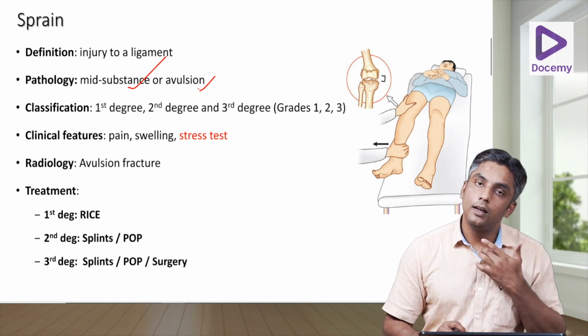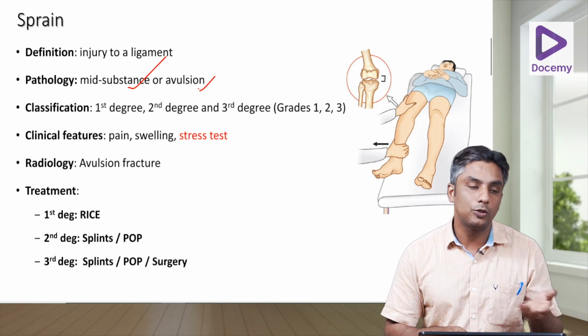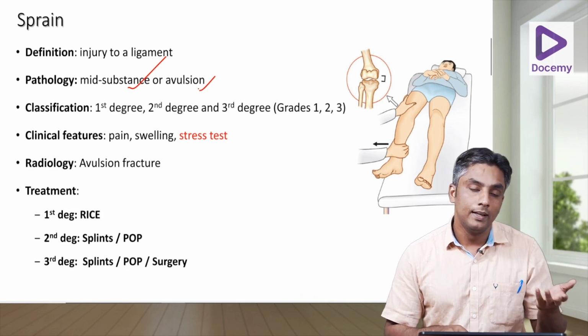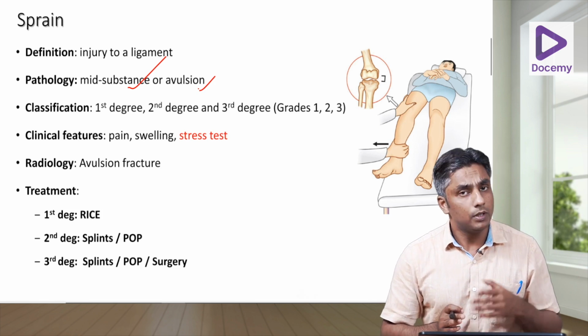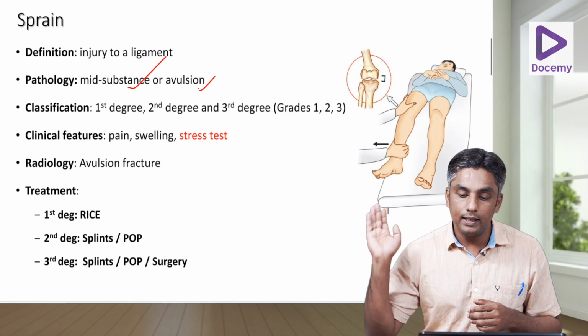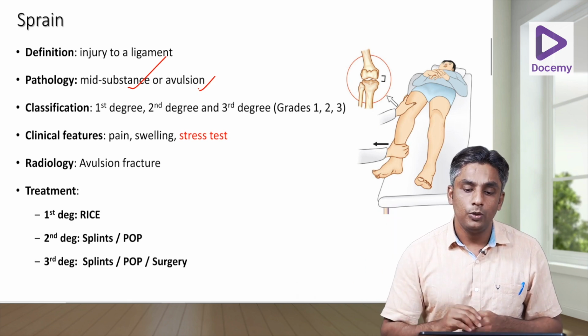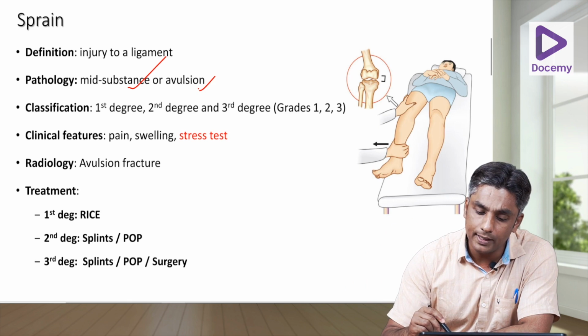And you can build on the short note by classifying the sprain into 3 types, or 3 grades: 1, 2 and 3. Clinical features, of course, include some pain and some swelling at the injury site, and you can do a stress test. In the diagram, the knee joint is depicted, and this is the site of the MCL, the medial collateral ligament.